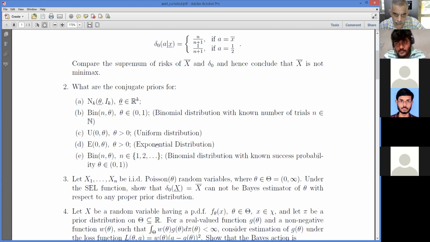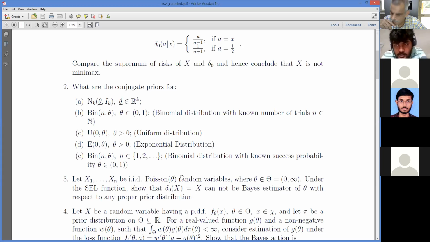No, it would become factorial n to the power m, let us say if you have a sample of size m, product of factorial xi, and product of factorial n minus xi. Yes, then it would be slightly complicated, but still you'll get some prior distribution, so that it belongs to the same family.